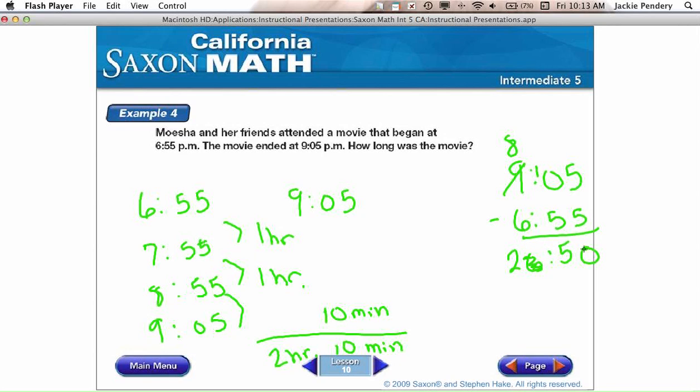So this would look like 2 hours and 50 minutes, but it's not. It's actually only 2 hours and 10 minutes. There's a difference of 40 minutes. So you cannot just subtract. This doesn't work. You need to figure it out by counting forward. Okay? All right, that's it for your examples. Do your lesson practice, and I will see you in the morning.